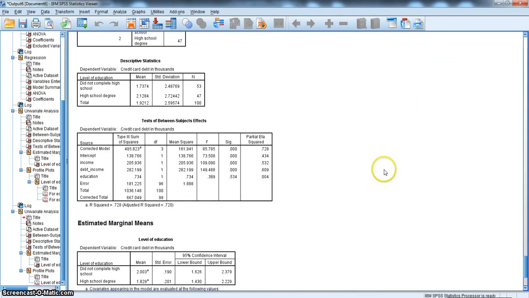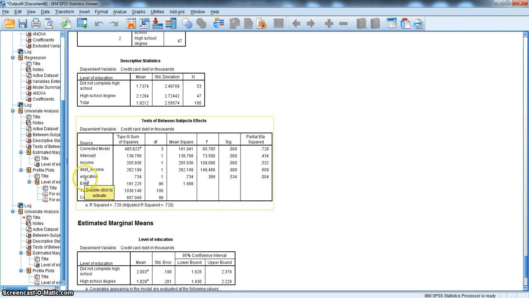Okay, and here we have it. So, we've entered our covariates. We've got debt to income, and then we've got income right here. Again, although they're statistically significant, this is not important. We've already assessed whether or not they're predictors of the dependent variable, and they are, so we don't need this as further validation.